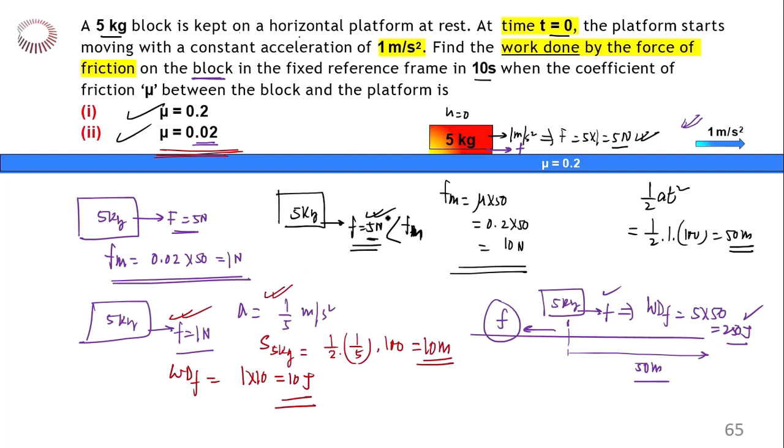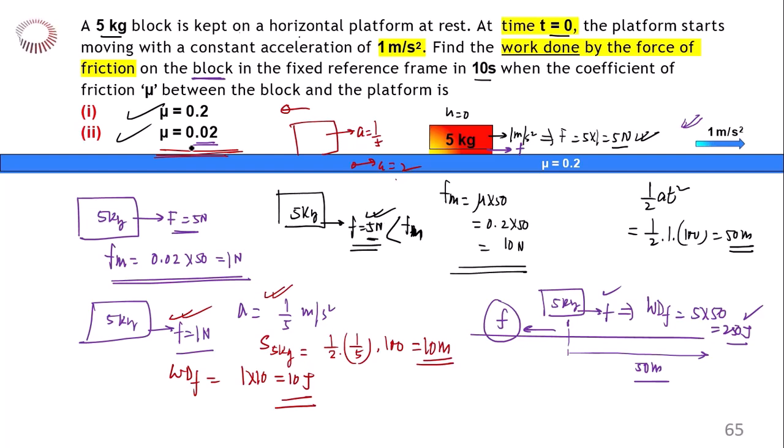Now the belt and the mass are moving differently. With respect to the belt, the mass is moving in the opposite direction, because its acceleration is less. The block is moving with a equal to 1 by 5, but the belt is moving with a equal to 2.